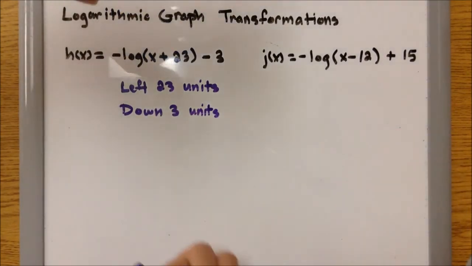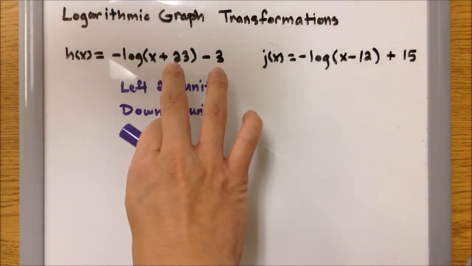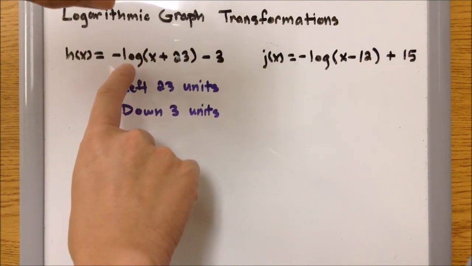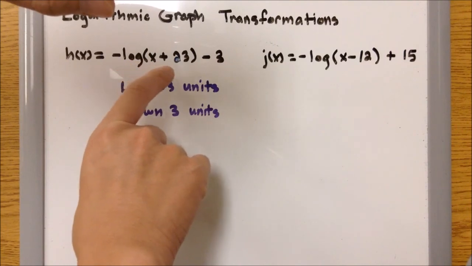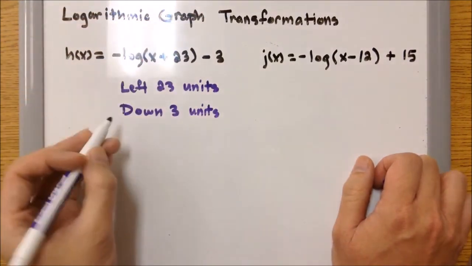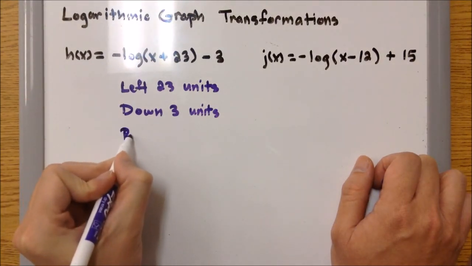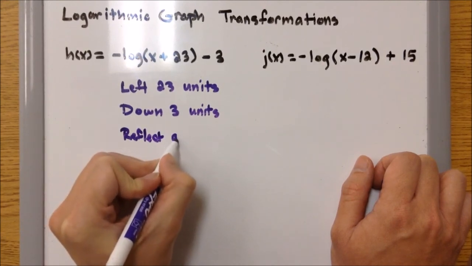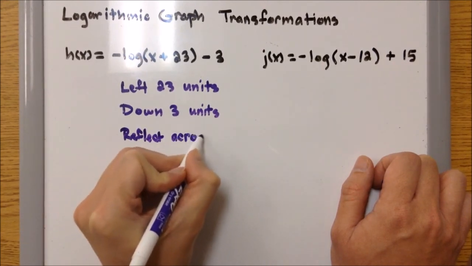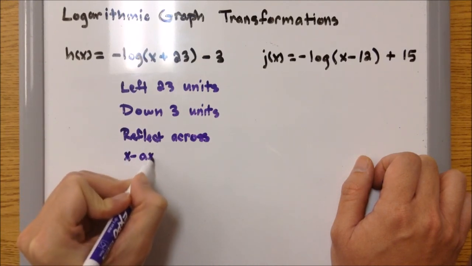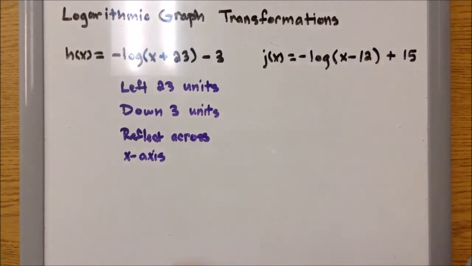Alright, so we got all the basic transformations, left, right, up, down, the translation. Now the negative, since it's in front of log, in front of the function, means it's going to reflect over the x-axis. So reflect across the x-axis.